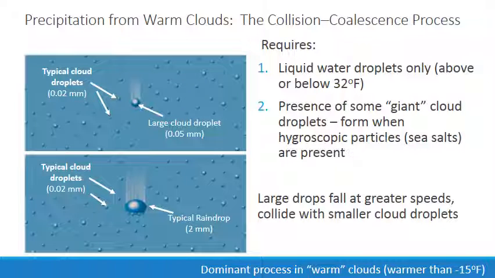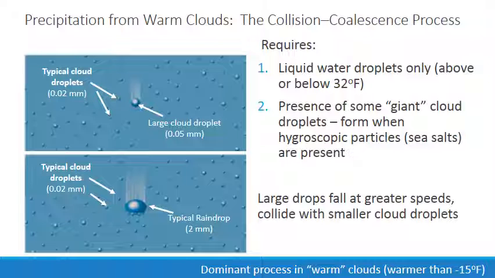They coalesce to form raindrops large enough to reach the ground before evaporating. One of the requirements for the formation of raindrops by the collision coalescence process is the presence of larger than average cloud droplets. Research shows that clouds made entirely of liquid droplets usually contain some droplets that are larger than 20 micrometers or 2/100ths of a millimeter.